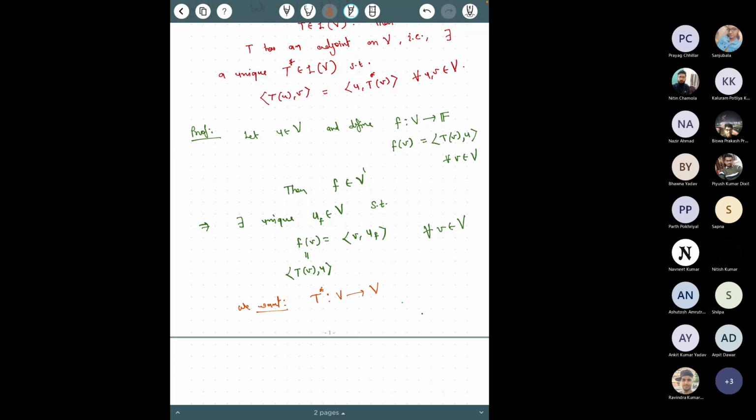Here you see, I started with any vector u, and for this vector u, I have found this vector u_f, and it satisfies this relation.